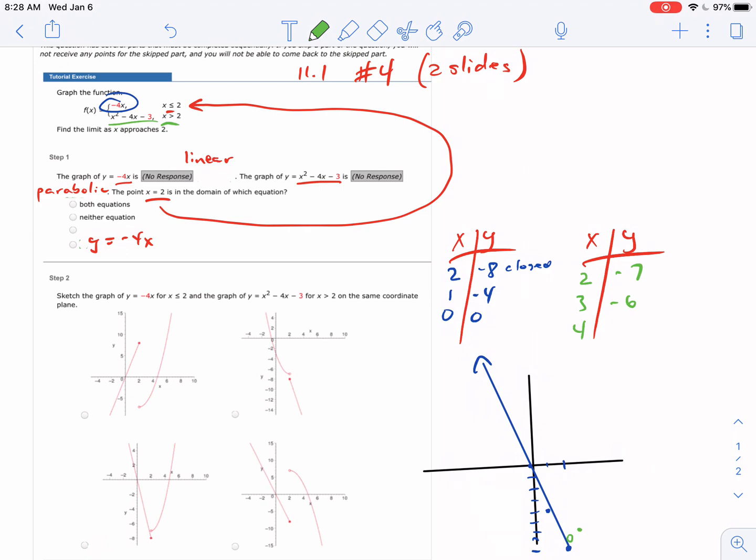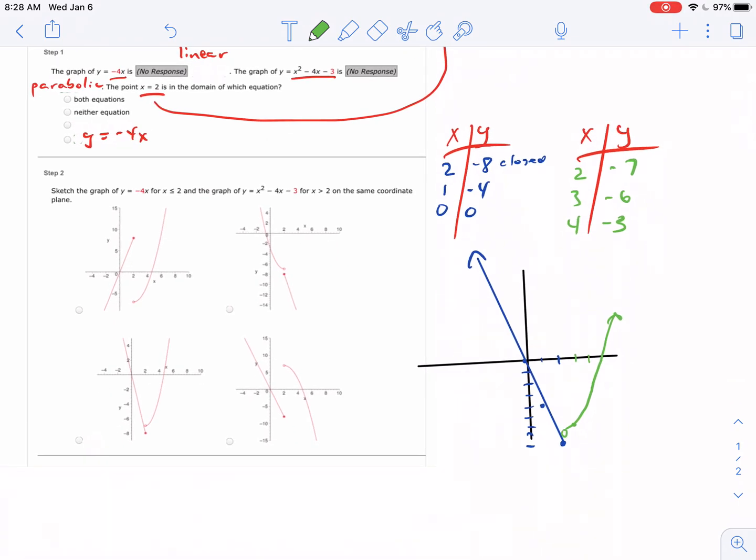Negative 4 times 4 is negative 16, so that's 0. So I'm at negative 3. So now when I'm to the right, at 4, I'm down 3, 1, 2, 3. So on this side, I can see this one's doing something like that. And then you can look at our pictures and match it with the correct one.